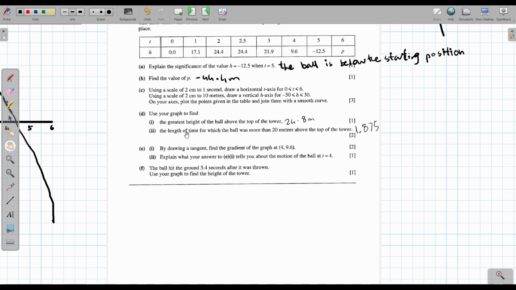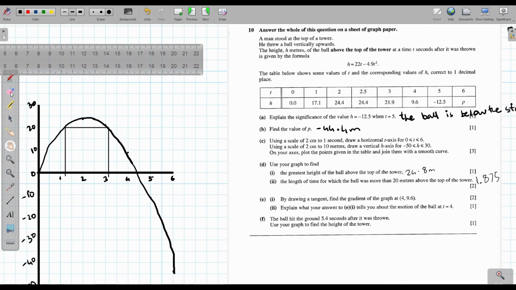Anyways, let's do, by drawing a tangent, find the gradient of the graph at 4 and 9.6. So if my line actually touched that, we would be drawing a graph somewhere here, but let's do that anyway. So if the tangent was like there, right?